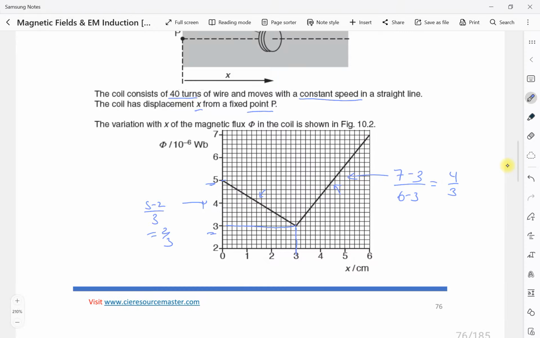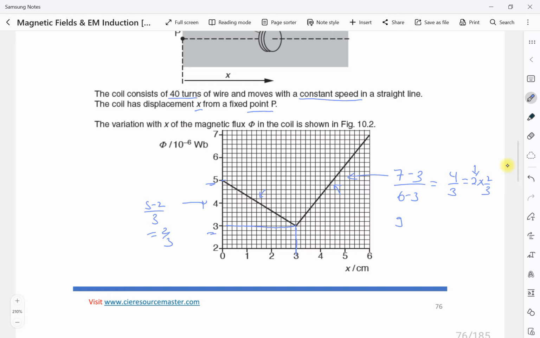So you notice that this side's gradient is 2 times, because 4 over 3 is the same as 2 times 2 over 3. The gradient on the right hand side is 2 times the gradient on the left hand side.